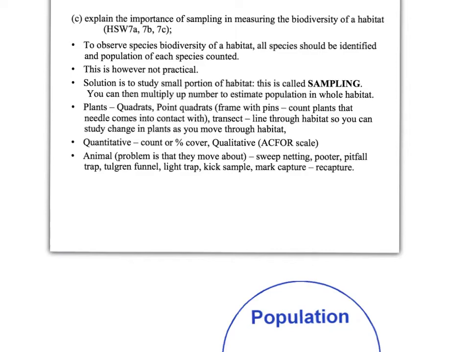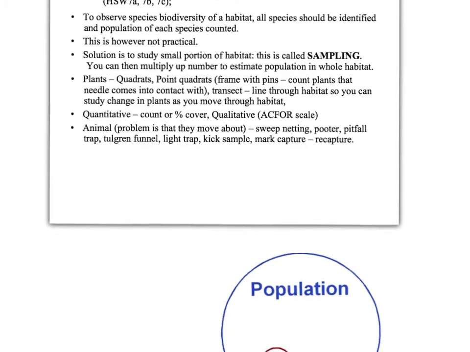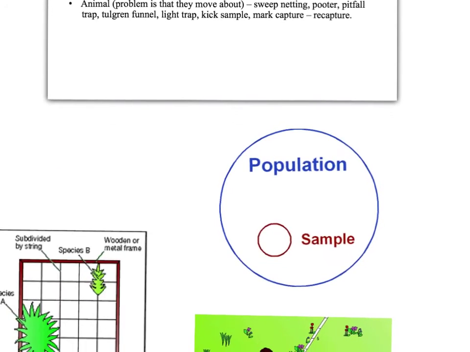Now this is not really practicable because of the size of potential habitat and the amount of counting that would be required to work out the entire population of a particular species, or even all the different species that might exist in a particular habitat.